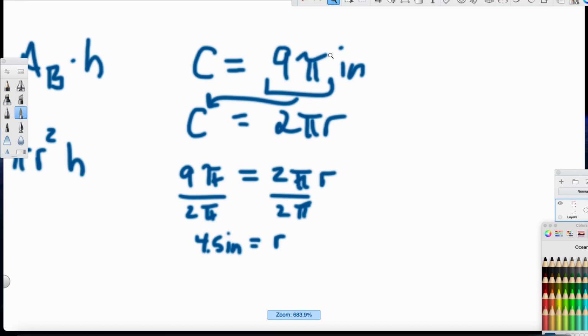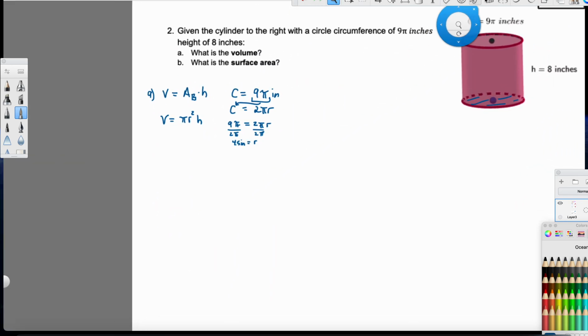Okay, so my radius here, this radius, is 4.5 inches. Now I'm ready to put it into my equation. V equals pi times 4.5 squared times height, which is 8.